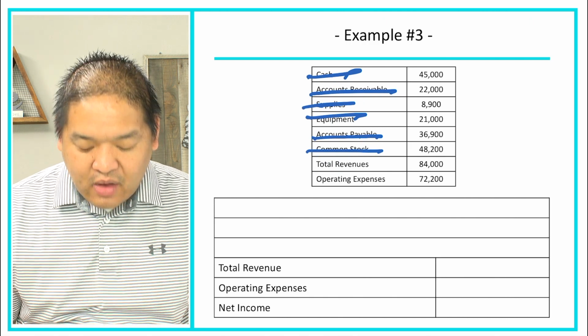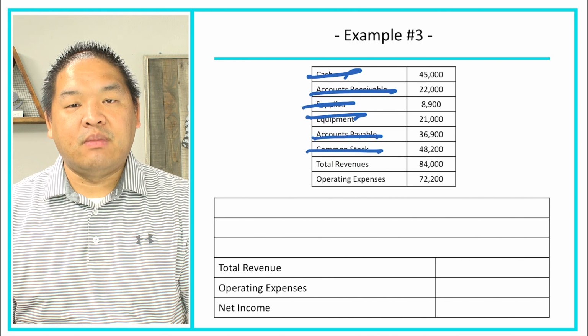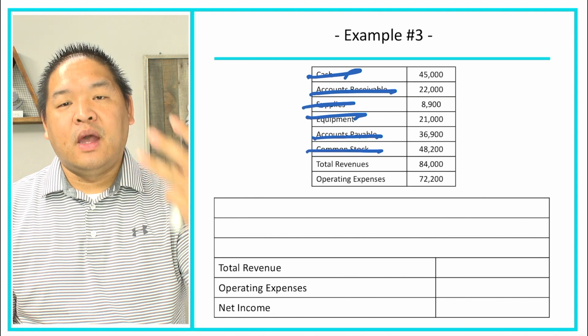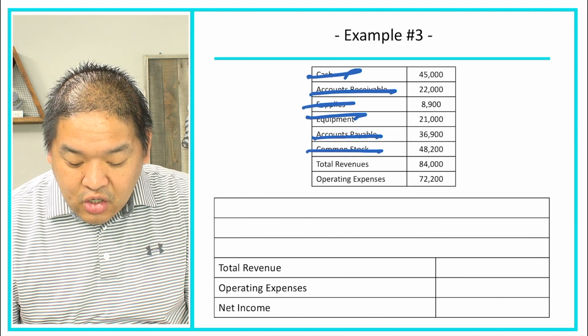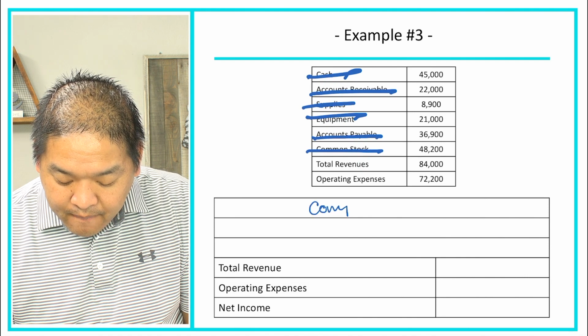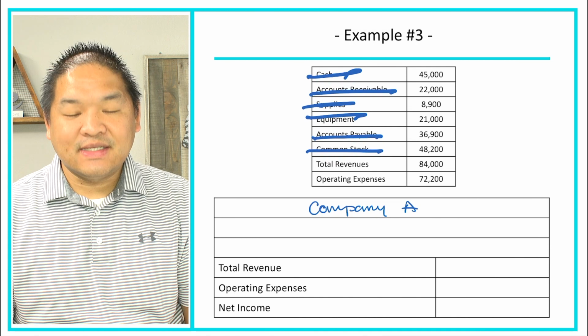Okay. So now we got to prepare the income statement. So we've got a mock-up of the income statement here. And remember, the first thing that we do is we have the who, the what, and the when. So who is this for? This is for company A. What is this?